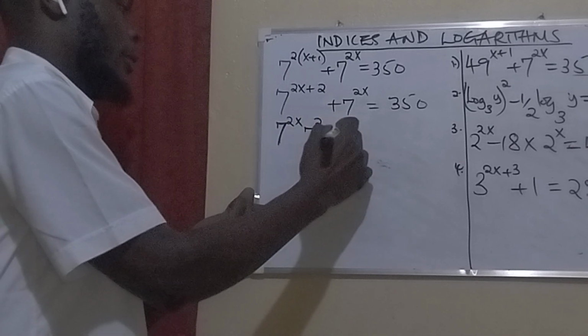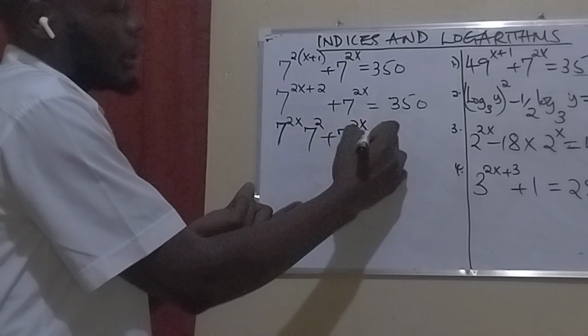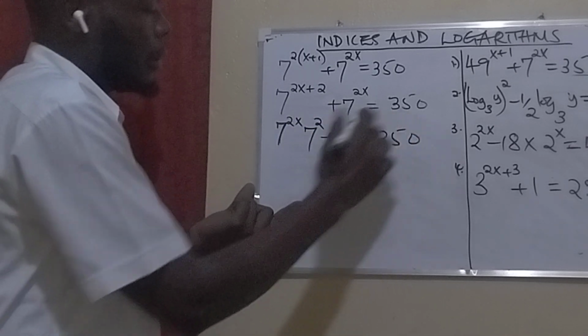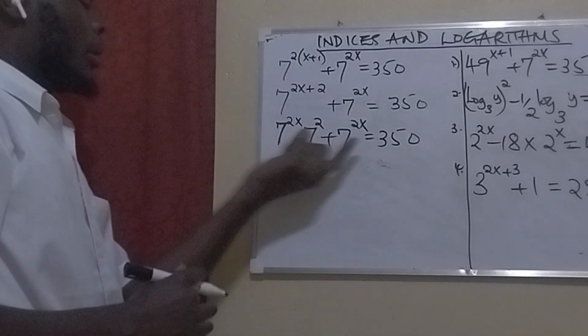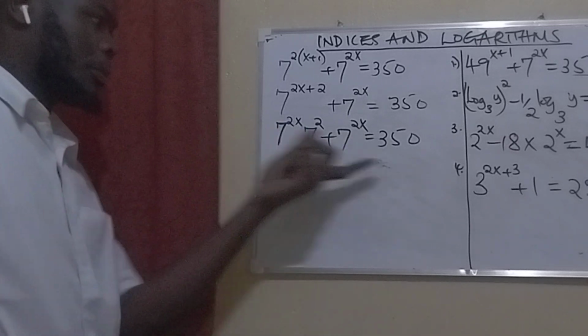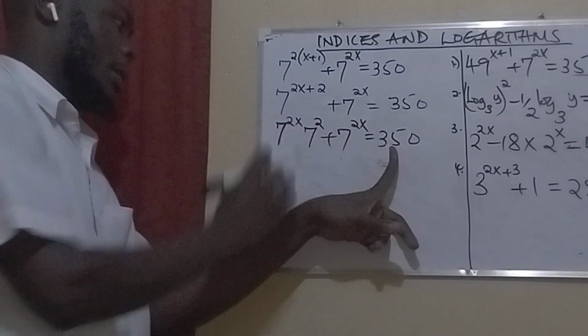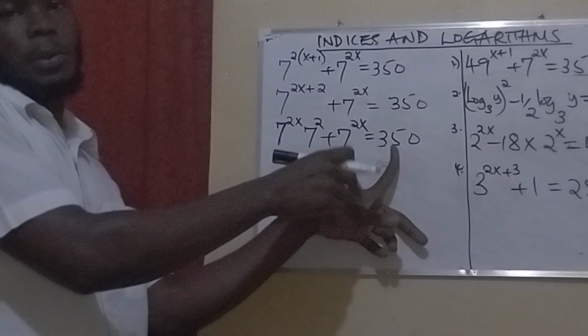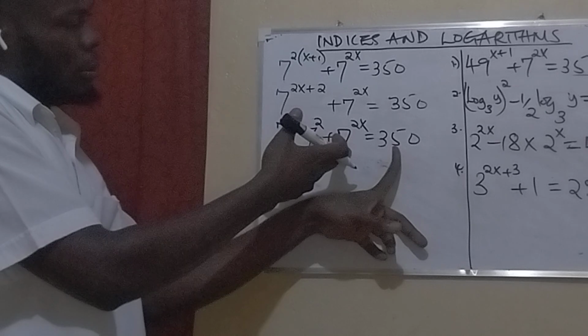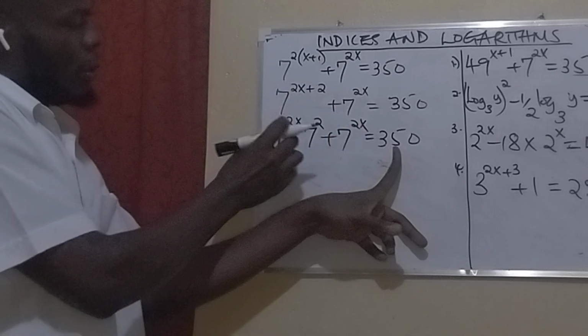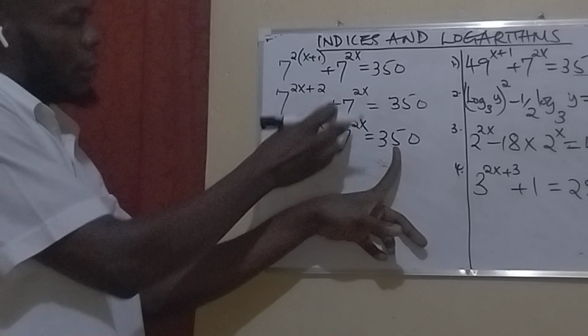So again, plus 7 power 2x is equal to 350. At this point, since you cannot express this to the same base, as we have said, you examine that question. Now you have here 7 raised to power 2x, 7 raised to power 2x.